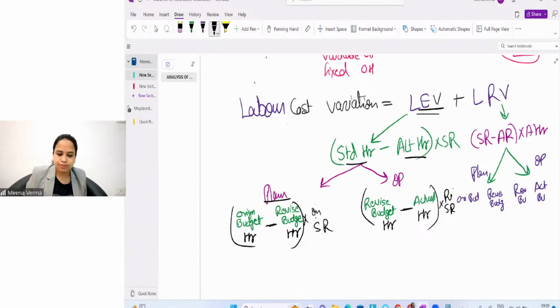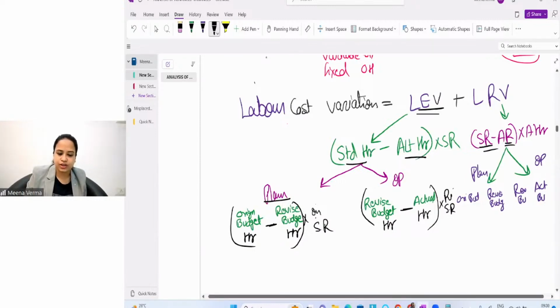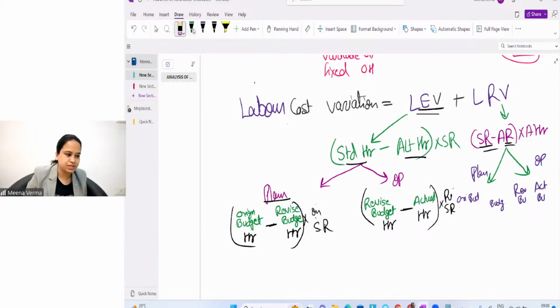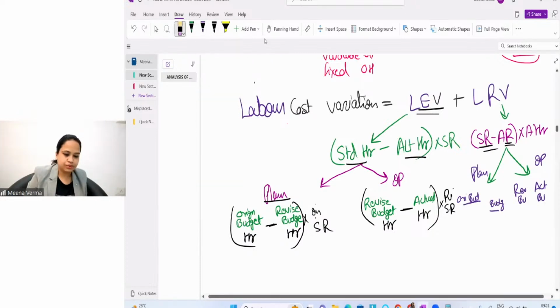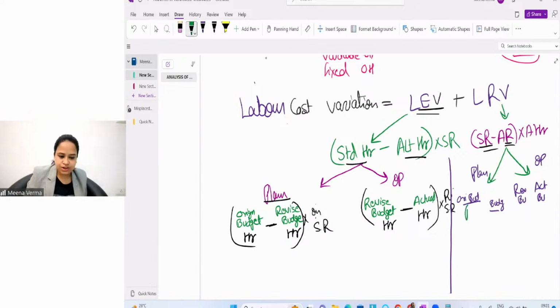And here what will happen when you are finding the rate variation, you will consider budgeted, revised budgeted, actual budget minus revised budget. No? Just give me original budget minus revised budget. So original budget rate minus revised budget rate into actual hour.